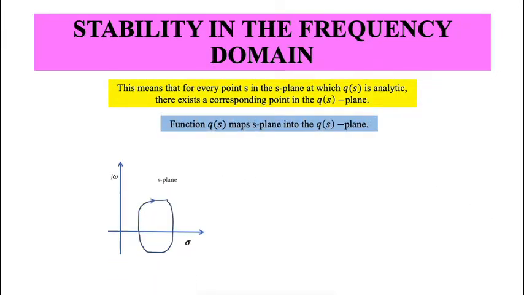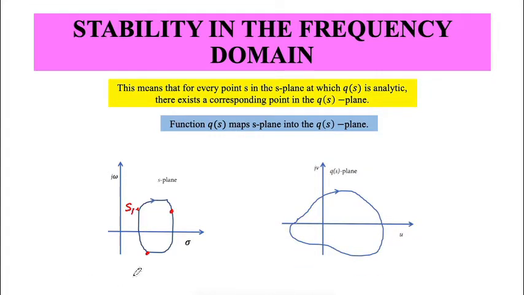This is my S plane, and for every point here on the S plane, let me call this point s1. There might be a corresponding point Q(s1), suppose somewhere here, or might be here, right?